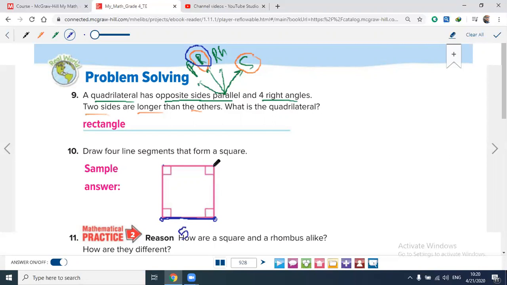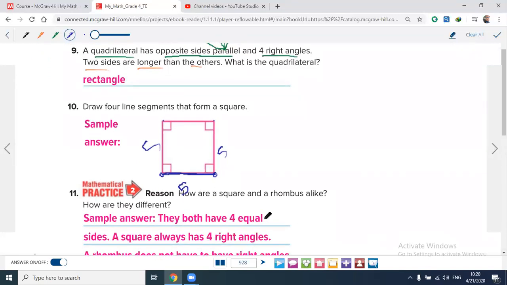Match it with the 5 centimeter length, to make the square with 4 equal sides and 4 right angles. Is it clear? Okay, next one.